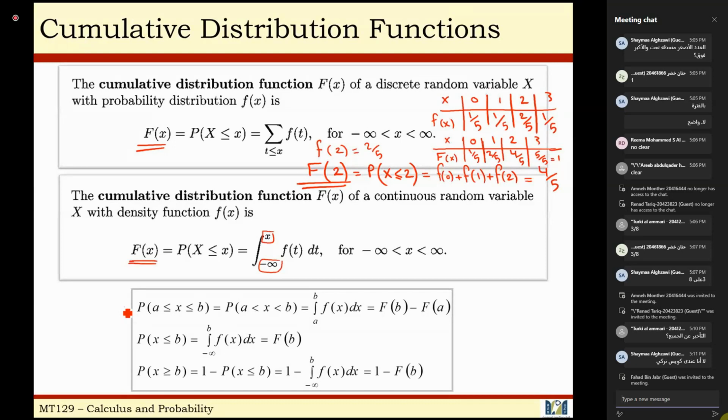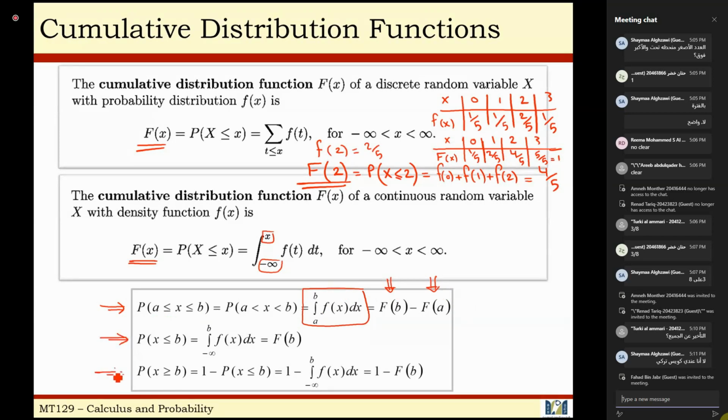Look at this probability. If we need the probability from a to b, this means the integral from a to b, or F capital B minus F capital A. If we need the probability x less than b, this means the integral from minus infinity to b.